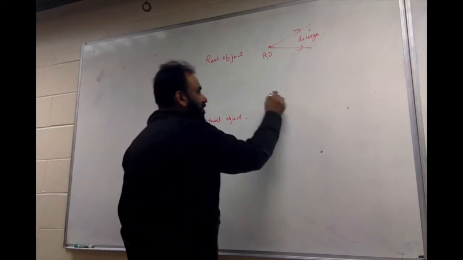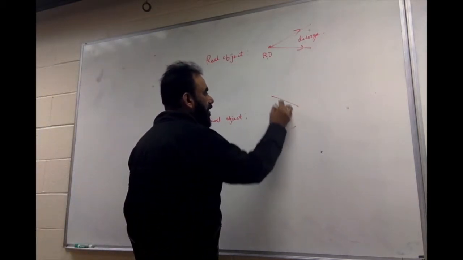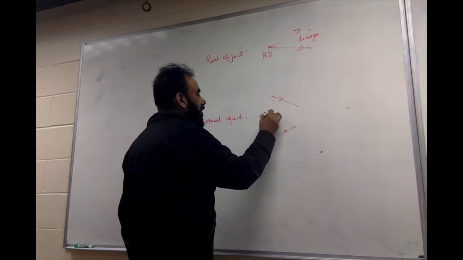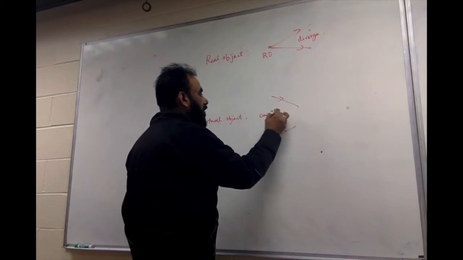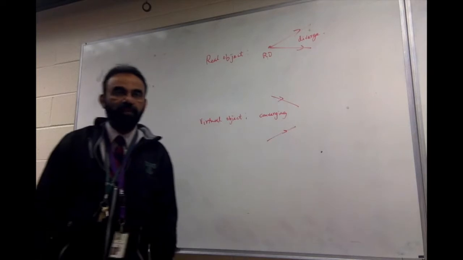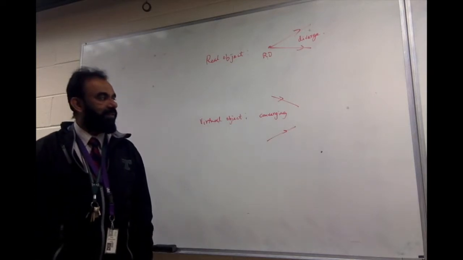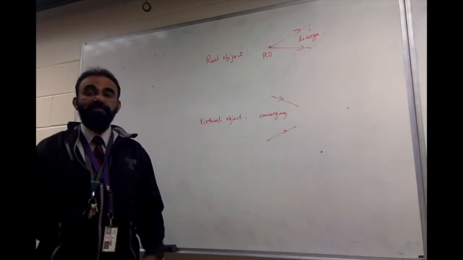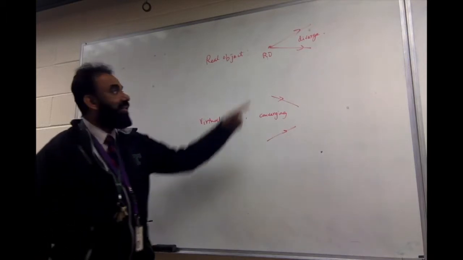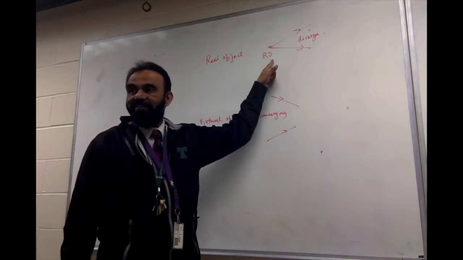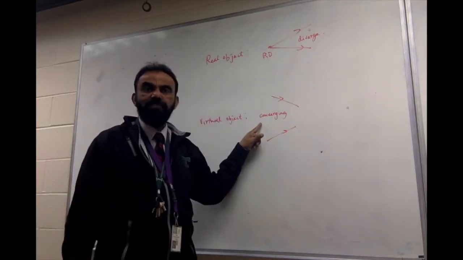And rays that are converging like this, if rays are converging like this, we say that it comes from a virtual object because it's not really there. We say that this one is coming from a virtual object.